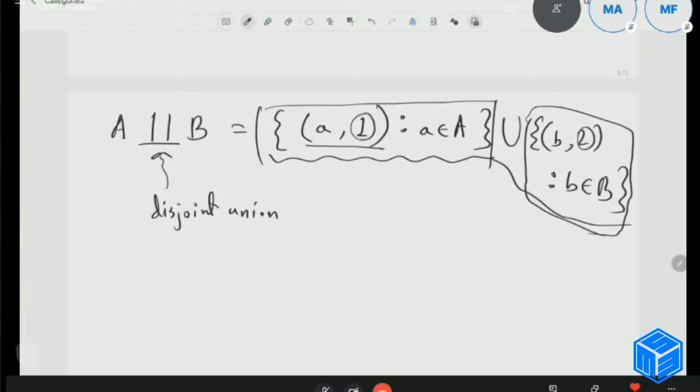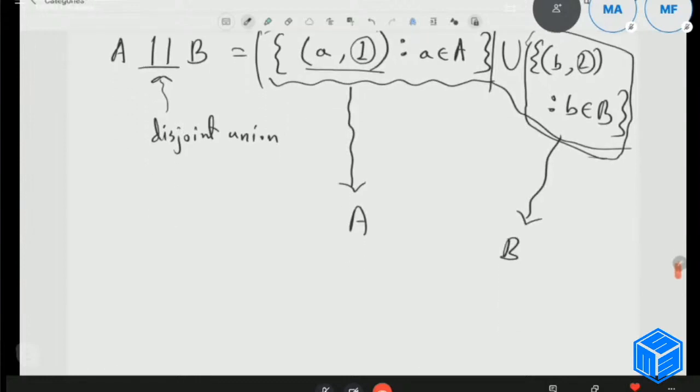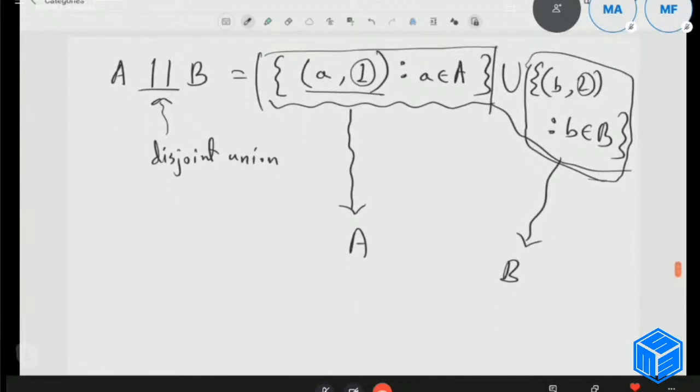This set has a bijection to A. You have all the elements of A, but you've tacked on a 1 with each one. And this one just looks like B. You have all the elements of B, and you've tacked on a 2 with each element. So this is like a union of A and B, but for each element in the intersection, you're also remembering which set it came from with these numbers right over here. Okay.